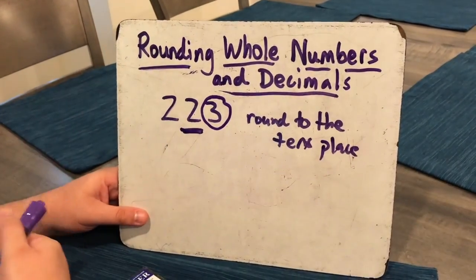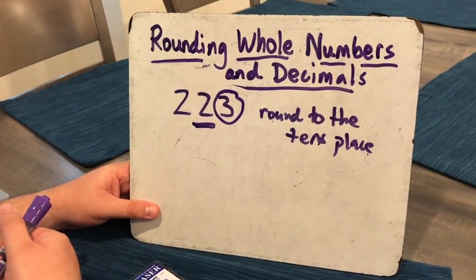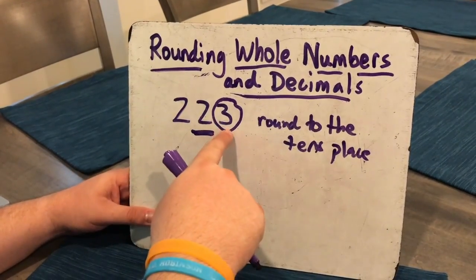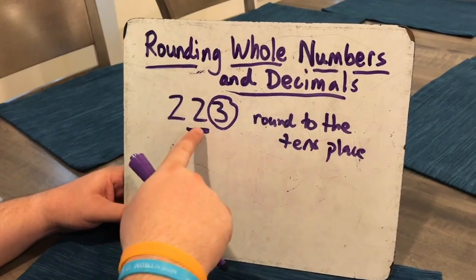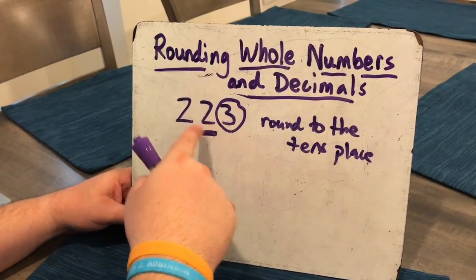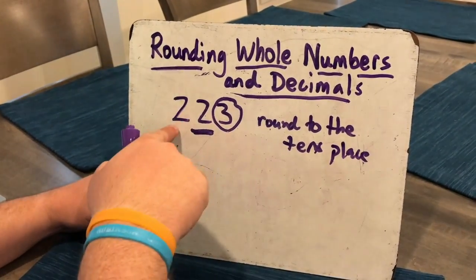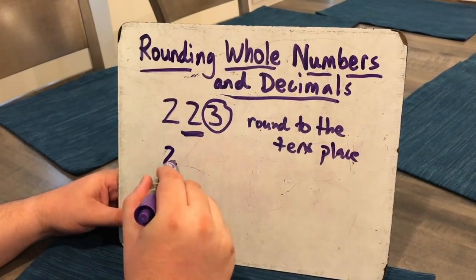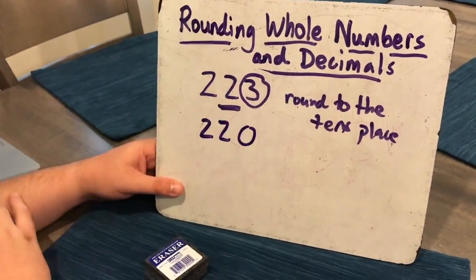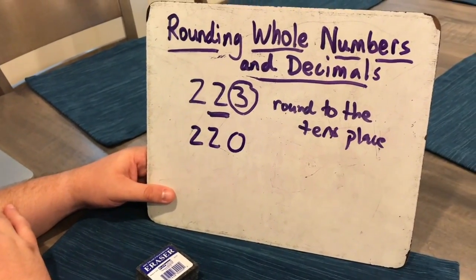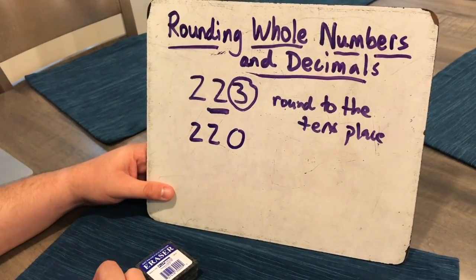Okay, 5 and above, give it a shove. 4 and below, let it go. This is a 3 that is below 4. This is not going to change. It's not big enough to change that number. So we keep this number the same out here. That's going to stay the same. This turns into a 0 now. So 223, when we round to the tens place, rounds to 220.